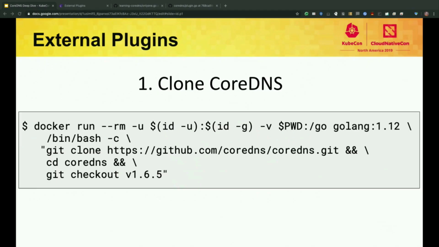So first step, cloning it. It looks like kind of a nasty Docker command here, but what we're doing is not actually that bad. This is just using the Golang Docker image so that you don't have to install a Go development environment on your workstation.